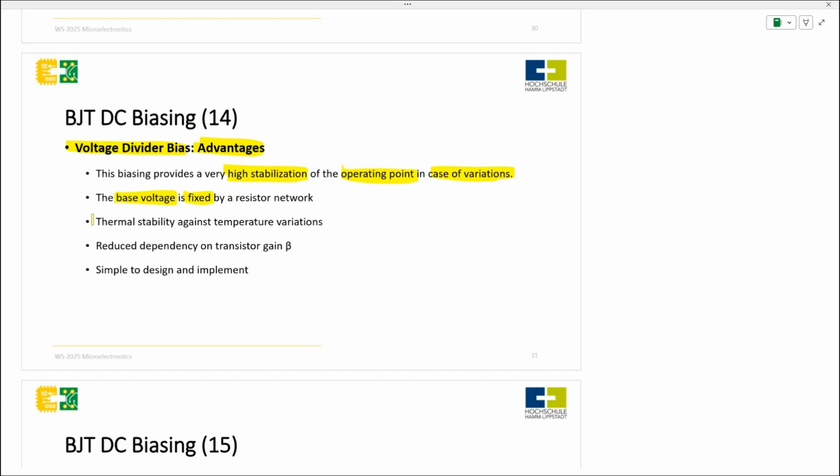Then there is thermal stability against temperature variations. Then we have a reduced dependency on the transistor gain. So your beta is safe. And it's simple to design and implement, just like the one before.